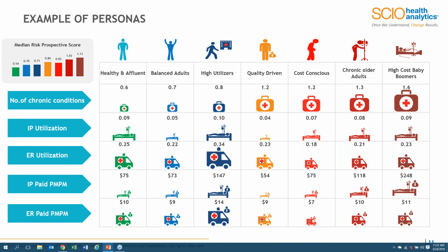So if we look at one of these, for example, the high cost baby boomers up in the far right corner, we can see that for that particular metric, number of chronic conditions, high cost baby boomers are both very high in the risk score and high in the actual number of chronic conditions. So if that's a particular segment that you need to focus on for whatever reason, now we know what their risk score and chronic conditions are.